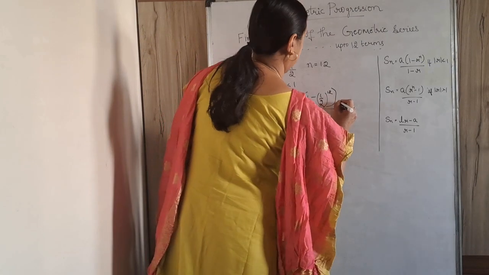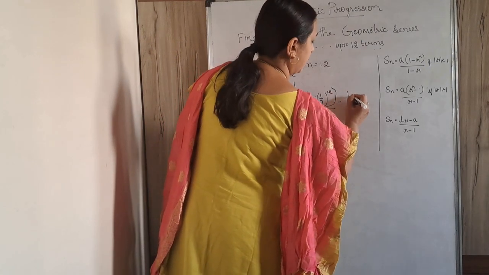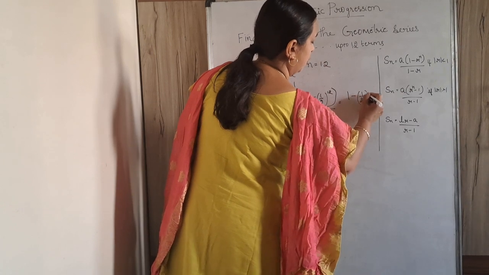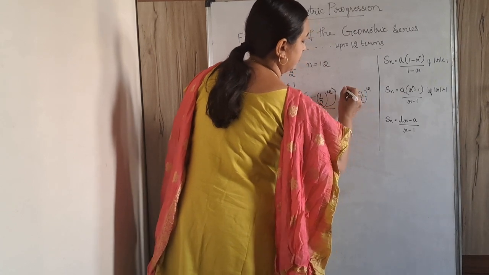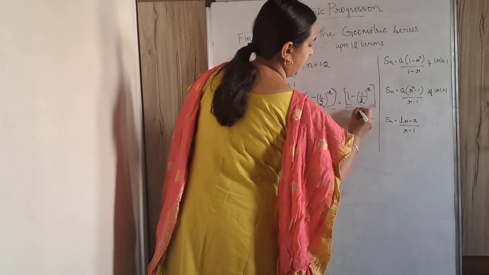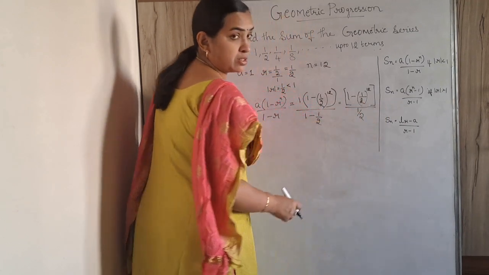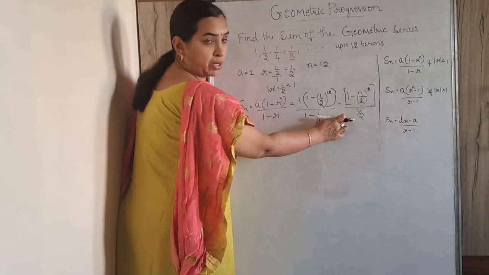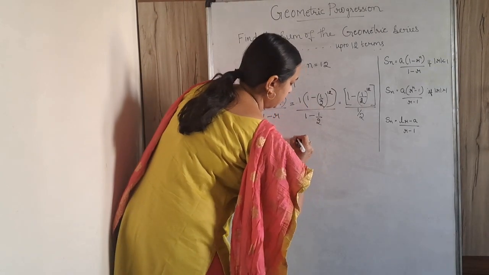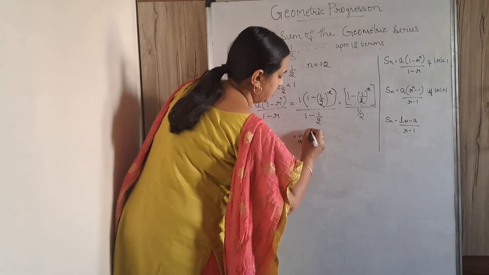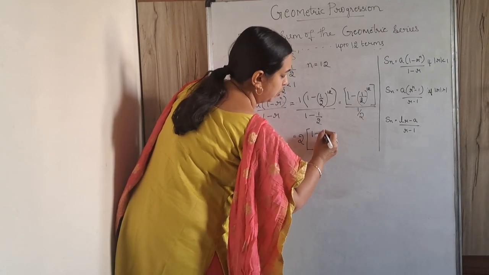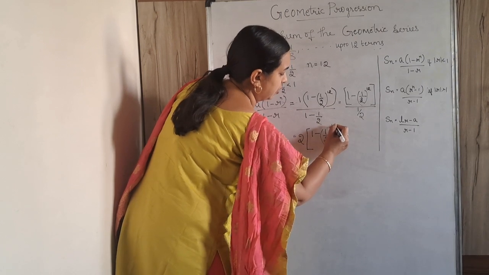So this will be (1 minus (1 by 2) whole power 12) divided by half. Since this is the denominator of the denominator, this 2 goes to the numerator. So this can be written as 2 times (1 minus (1 by 2) whole power 12).